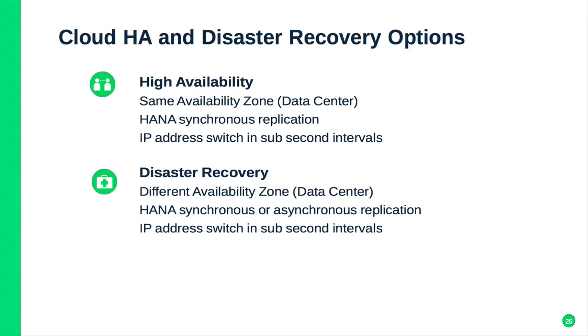SUSE customers typically distinguish between high availability solutions and disaster recovery solutions. Typical on-premise customers tend to have their own data center, and they have problems getting into another, remote data center.